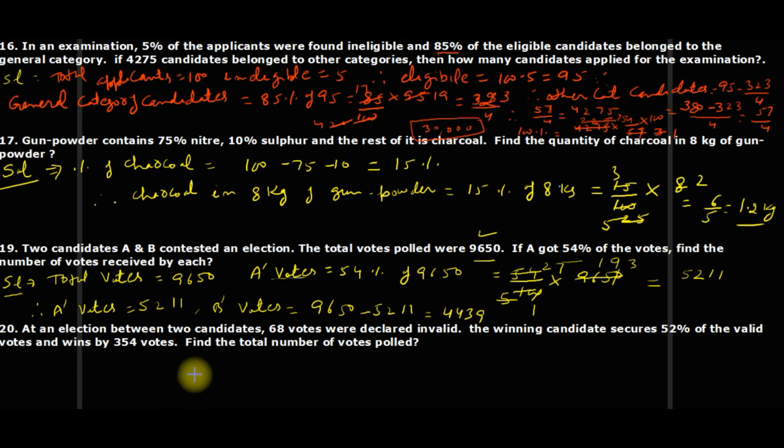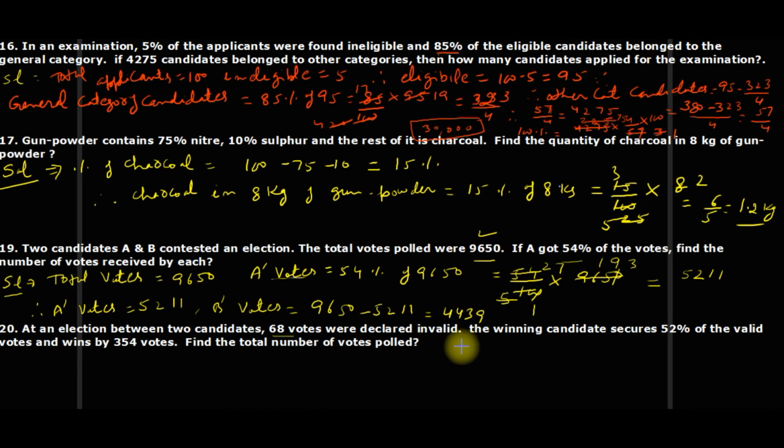Right. Now 20th. At an election between two candidates, 68 votes were declared invalid. The winning candidate secures 52% of the valid votes and wins by 354. Find the total number of votes. Here 68 votes were declared invalid.